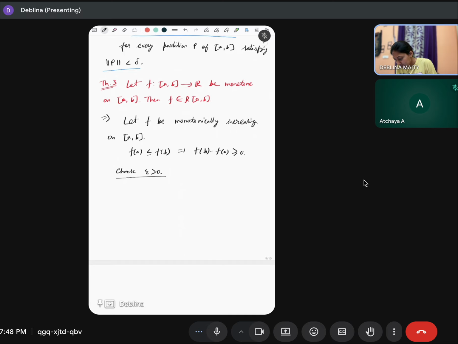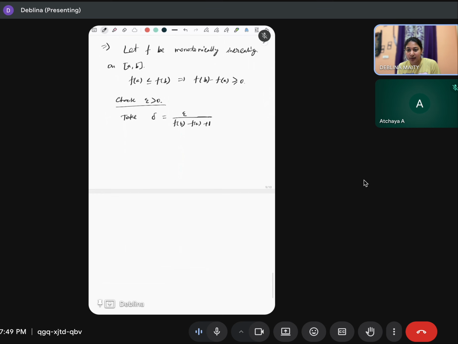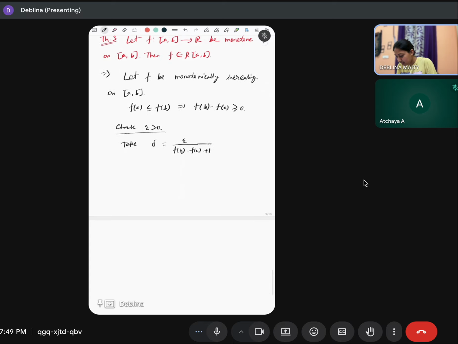Now we'll take delta to be epsilon by f(b) minus f(a) plus 1, because f(b) minus f(a) may be 0. Since we are taking it in the denominator, that's why we are adding this 1. Now we'll see why we have taken this delta to be this number.